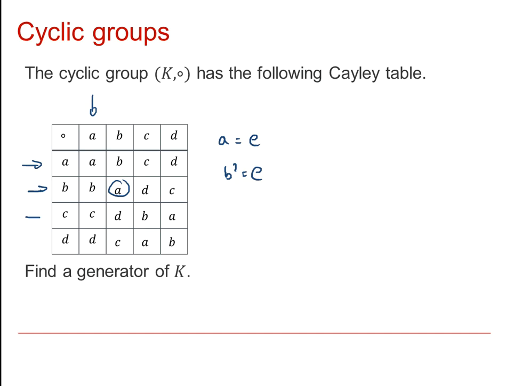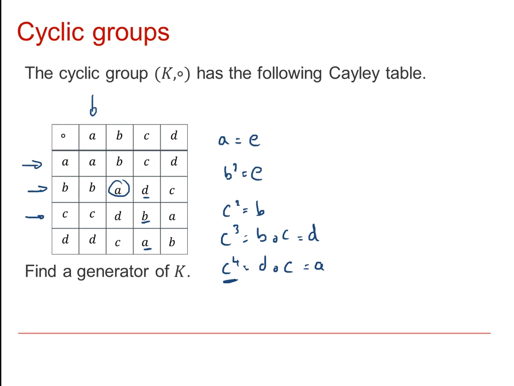So let's check C. Well, C squared is equal to B. So C cubed will be equal to B combined with C. If we check that, we get D. C to the power 4 will therefore be D combined with C, and if we check that one, we get A. So there we've got all of the elements, C itself, B, D and A. And notice again that the order of C is 4, which is the order of the group.